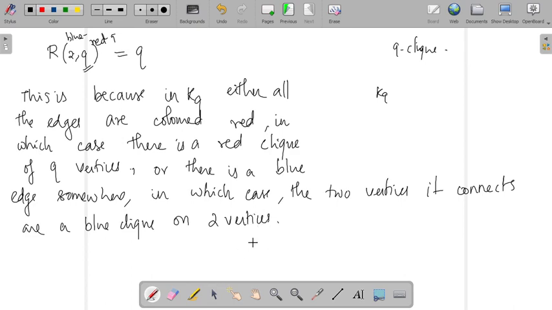So that is the proof. So hence R of 2Q will be equal to Q.